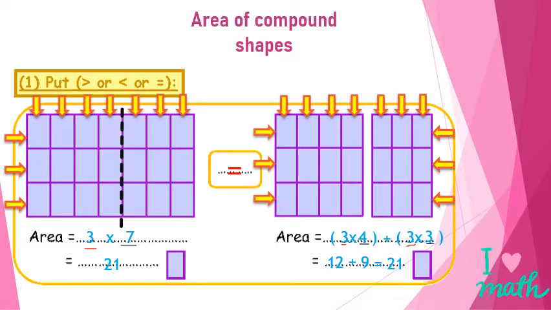So I keep the first factor like it is, and I cut or decompose the second factor into 2 numbers. So 4 and 3 will give me the 7. This means I will have the same product if I just decompose one factor and keep the other one.